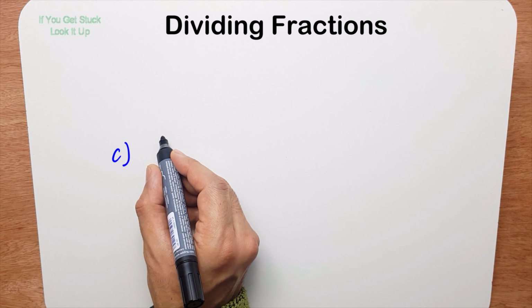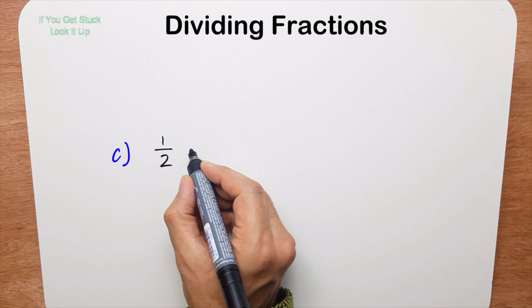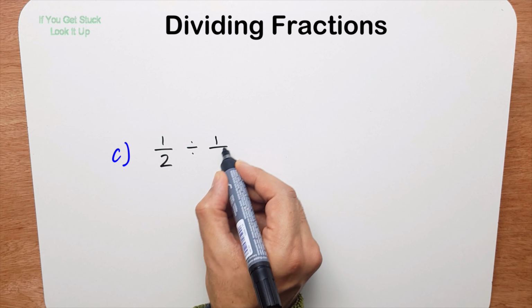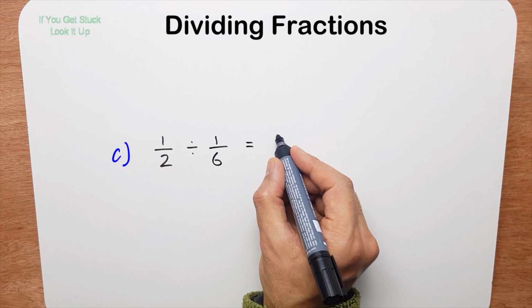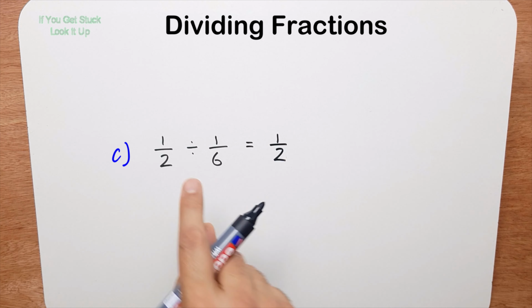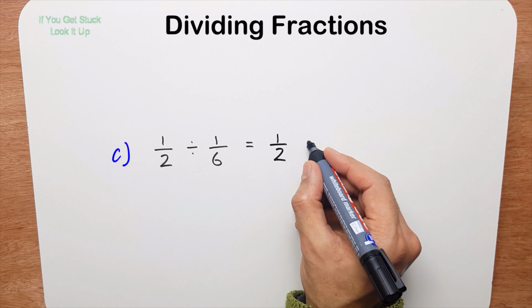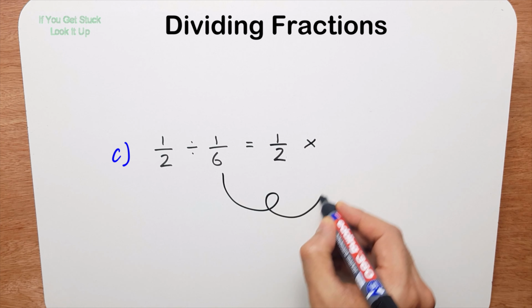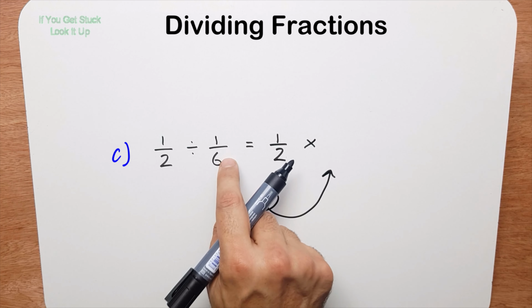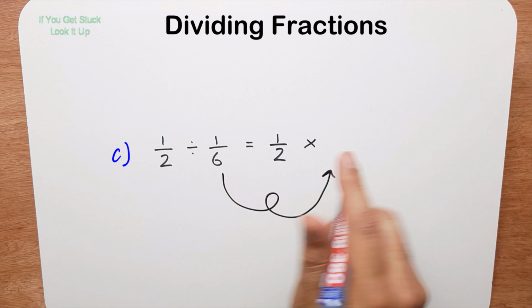My next fraction is 1/2 divided by 1/6. I keep the first fraction the same. I turn the divide into a times, and I flip the second fraction. So the 6 goes to the top, the 1 goes to the bottom.